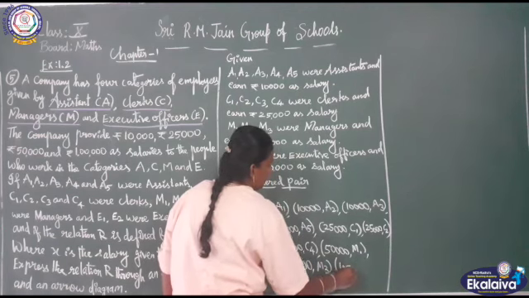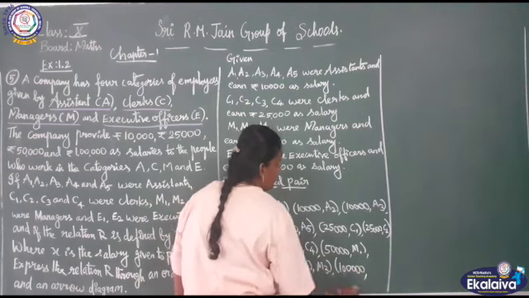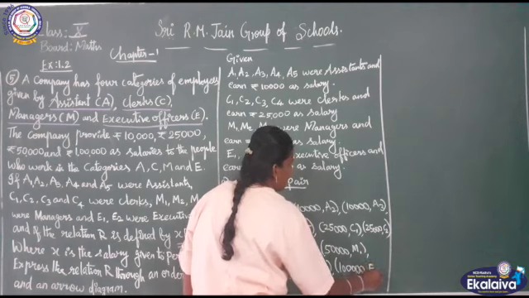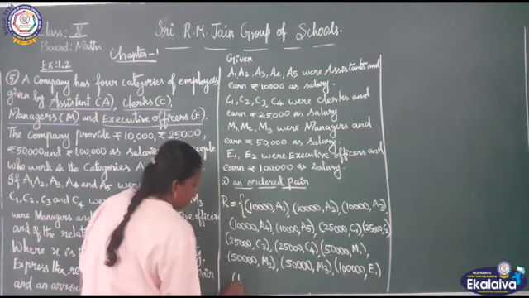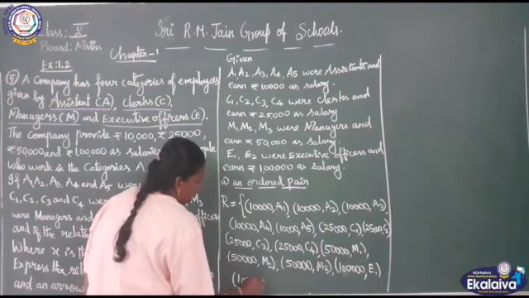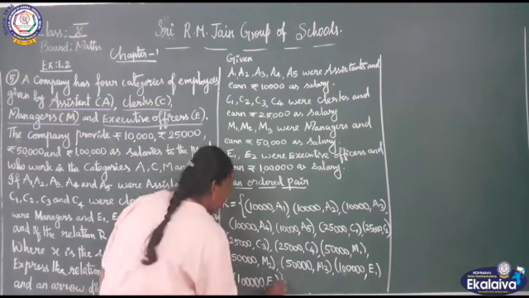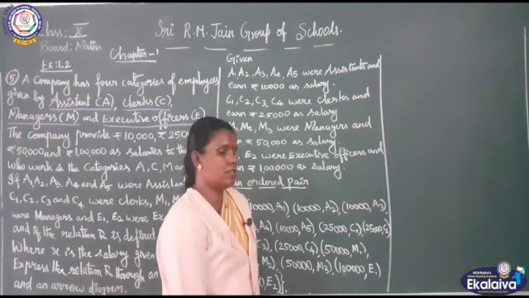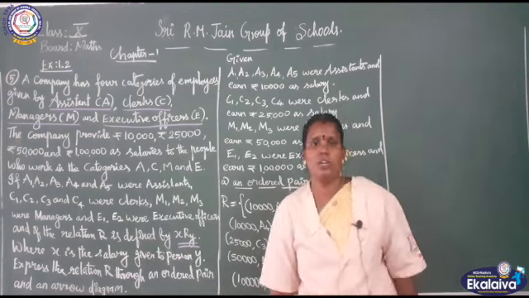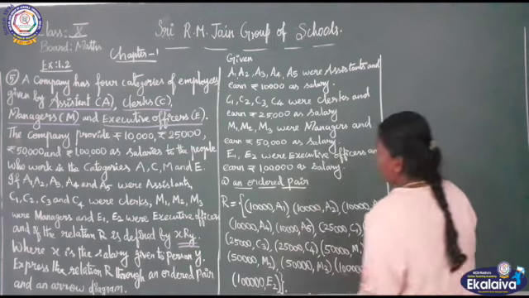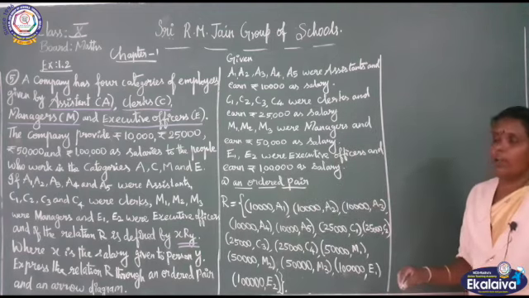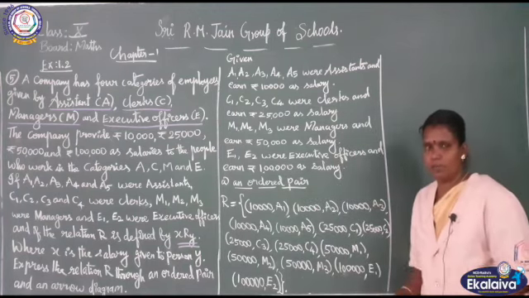So 1 lakh received by the first executive officer, then 1 lakh received by the second executive officer, then close the set bracket. So this is the given relation as a set of ordered pairs. Are you clear with this ordered pair? Any doubt? So we completed the first part, ordered pair.